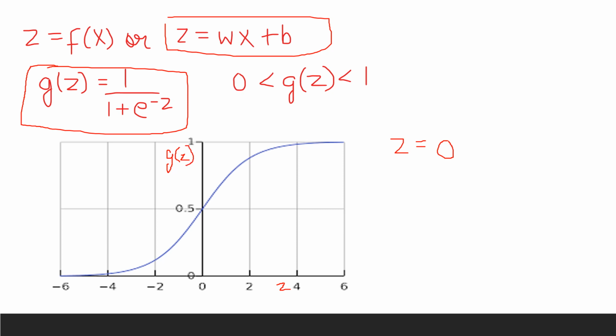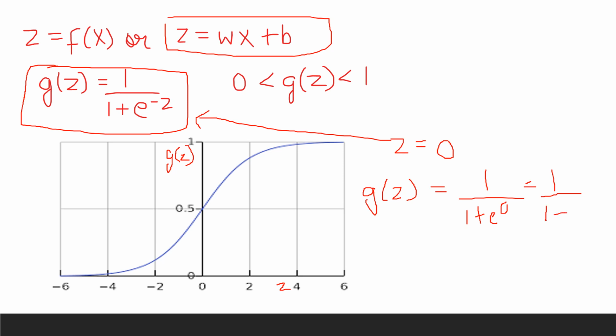By putting z equals 0 in this equation, g(z) equals 1 upon 1 plus exponential 0, that is 1 upon 1 plus 1, so 1 upon 2, which is 0.5.